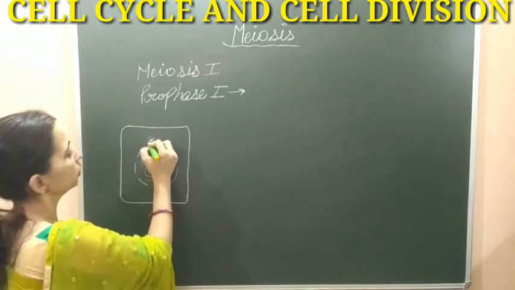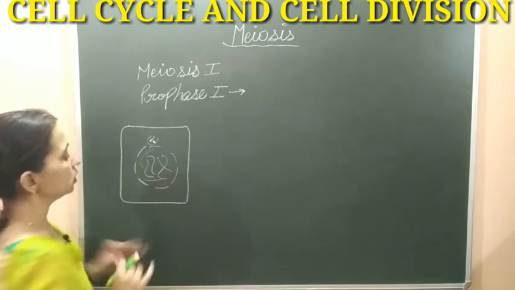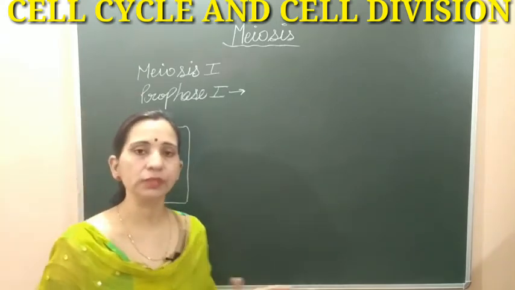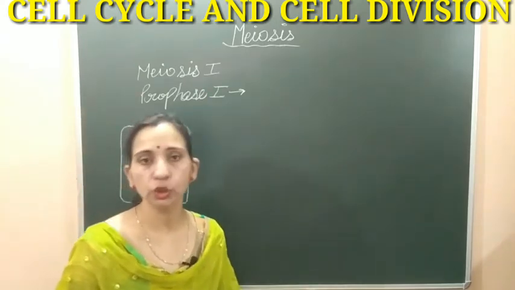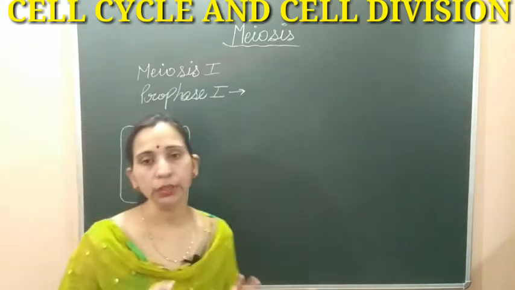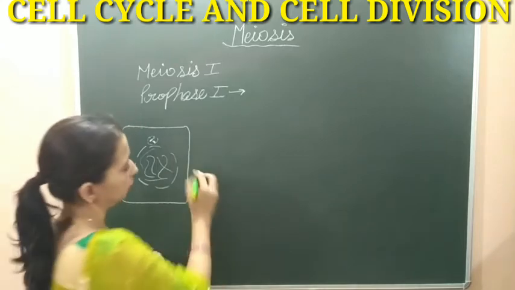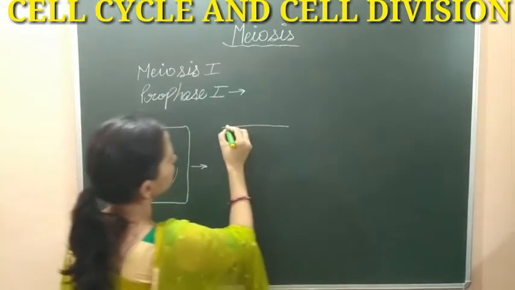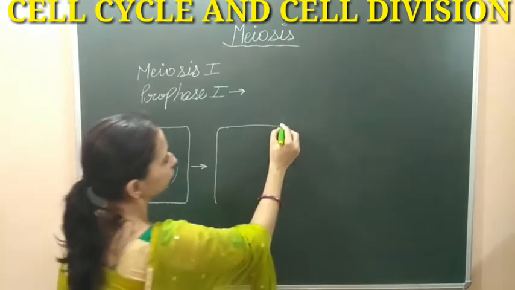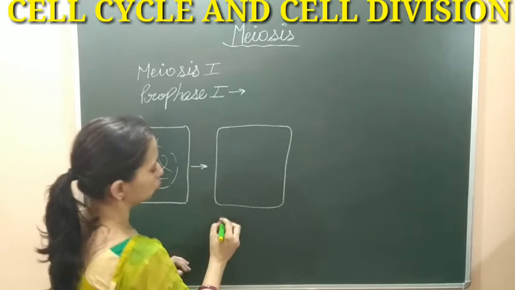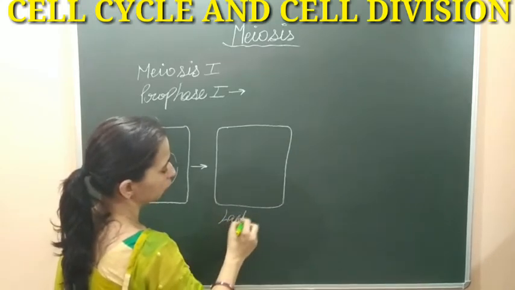This is the cell in the interphase, and after interphase it is ready to take part in the actual division, which is meiosis. So let's start this division. Now we will start with prophase 1, and the first phase of prophase 1 is the leptotene stage.